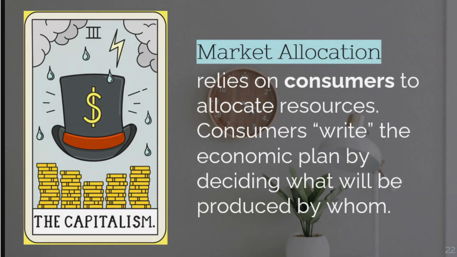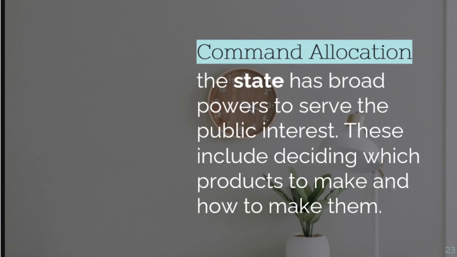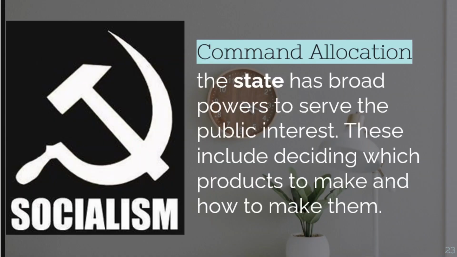The second allocation is the command allocation, or ito yung sinasabi nating socialism. Okay, so familiar naman na tayo dito. Ang difference niya kay market allocation, the state has broad powers to serve the public interest.